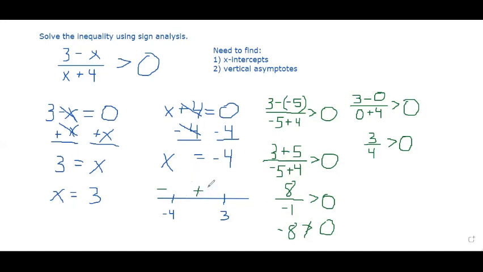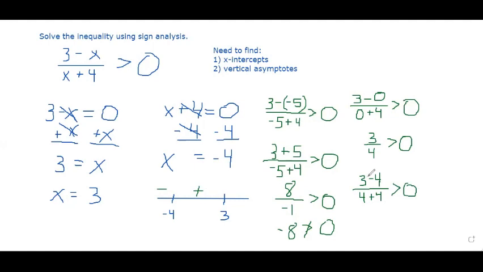All right. So now let's choose a number that's greater than 3. A number that's easy to work with that's greater than 3 is 4. So let's go ahead and plug 4 into the inequality. So we have 3 minus 4 over 4 plus 4, which is greater than 0. All right.